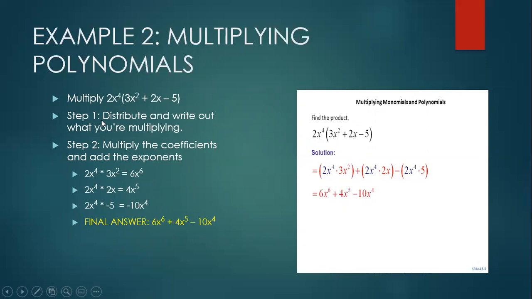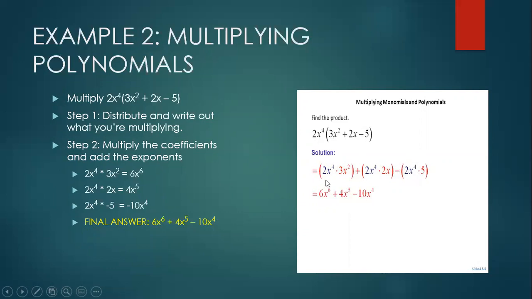All right, we're gonna multiply 2x to the 4th times 3x squared plus 2x minus 5. So first thing we do is we take each of these, distribute, and write out what we're multiplying. So 2x to the 4th times 3x squared, check. 2x to the 4th times 2x, check. 2x to the 4th times a 5, check.